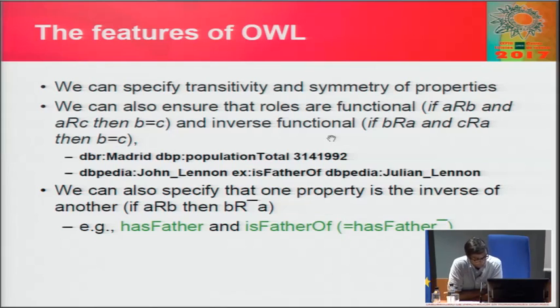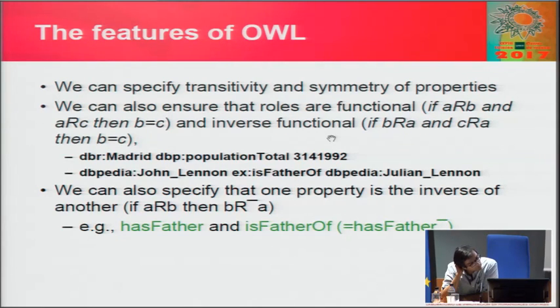So with OWL we can specify transitivity and symmetry of properties, and we can also ensure, for instance, that the properties or roles are functional. So, for example, if you look at the population total property again, you don't want a city or country or any location to have more than one population total.